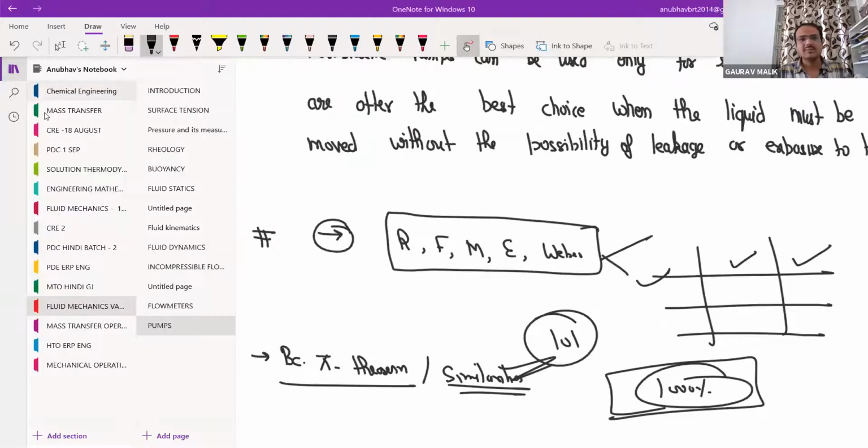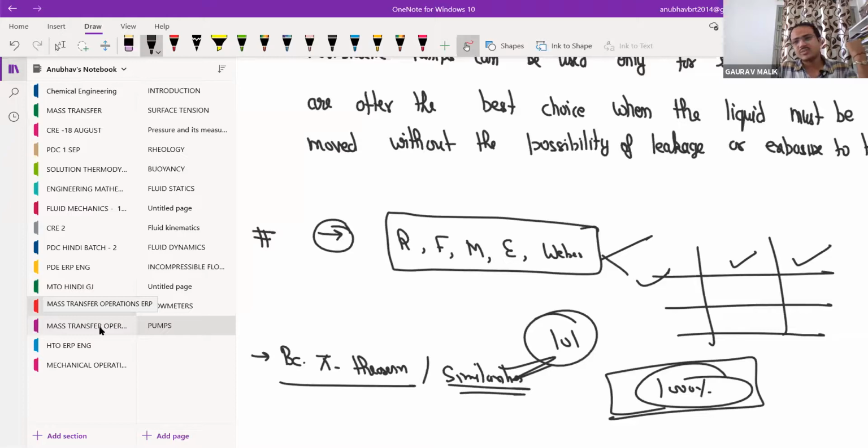At present time, just analyze the number of batches going on. This March batch finished, this batch finished, up to this, these batches are finished. Then in one batch, PDC 2 in Hindi is going on, plant design economics finished, mass transfer operation is going on, your fluid mechanics finishes tomorrow.